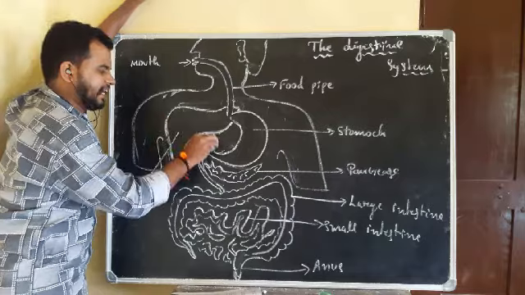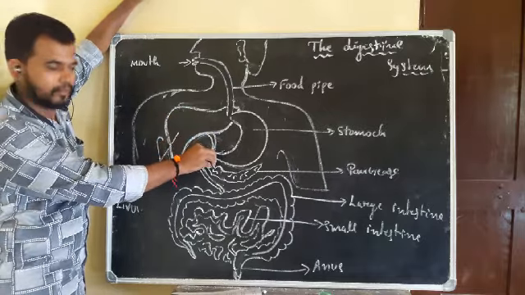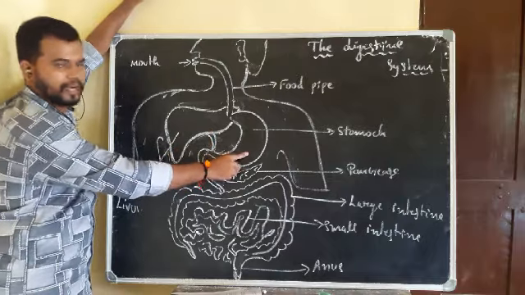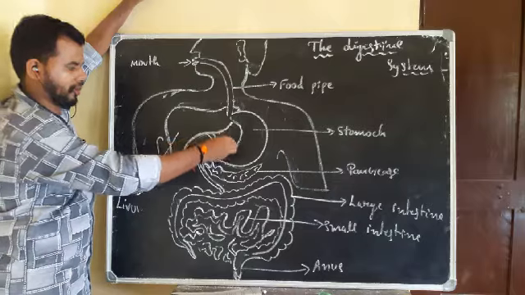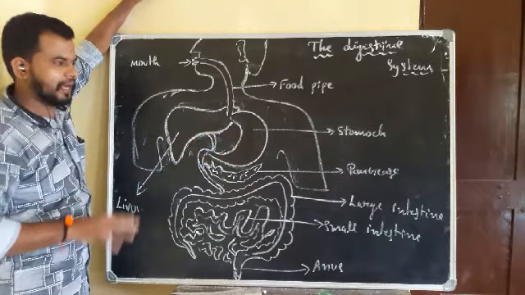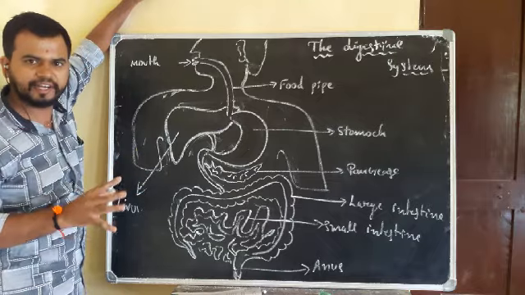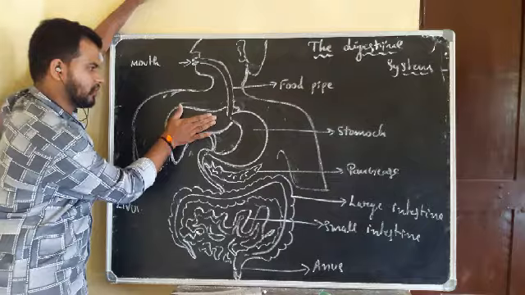The liver secretes digestive juice called bile, and it is released to the stomach. In the stomach, the digestion process continues. The food mixes with the bile and is further converted into still smaller or simpler substances. This is about the liver.